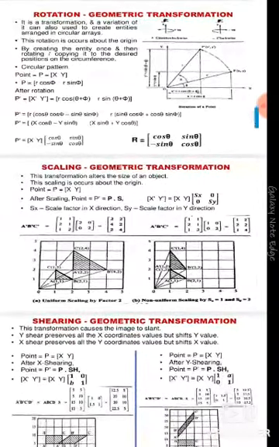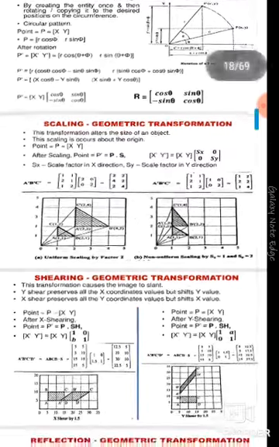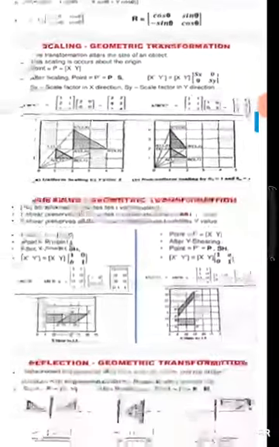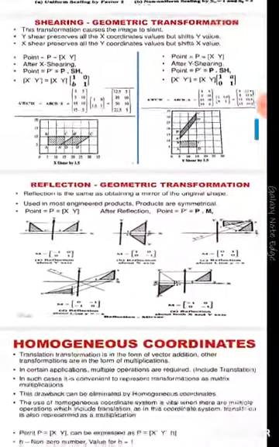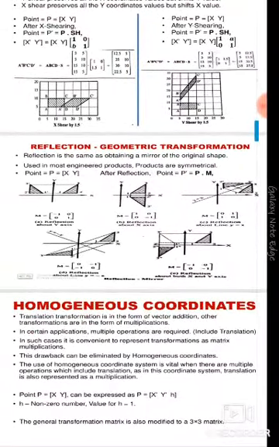Scaling geometry, shearing geometry, and reflection geometry transformations. In the homogeneous coordinate function, 2D or 3D, translation is in the form of vector addition. Other transformations are in the form of multiplication.